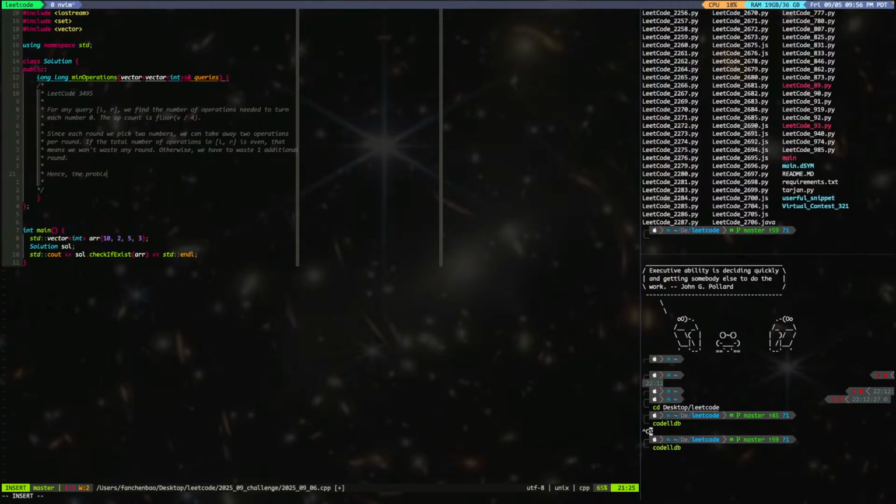Hence, the problem has been converted to first find the total sum of operations within each LR. Let the sum be s, we need to sum up ceiling s divided by 2.